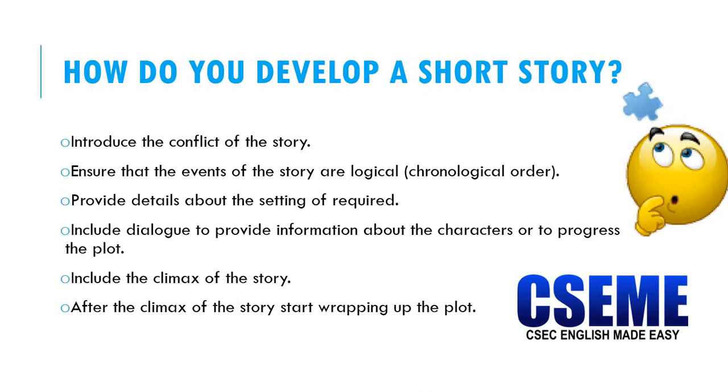Next, we need to provide details about the setting where required. What do I mean? If we have a change in location, for example, in the story of Harry and Marybeth, we see that Harry was first in his room and then he went down and he went to the Johnson's house.